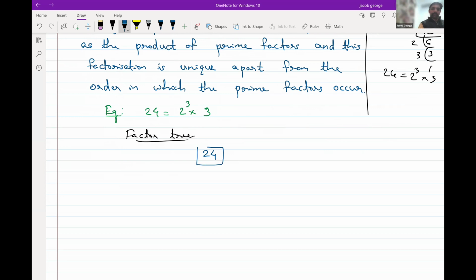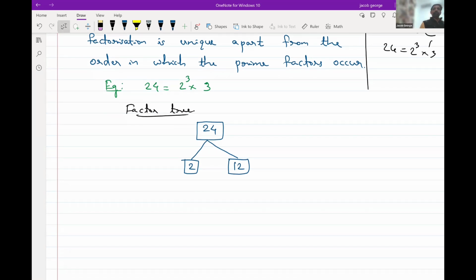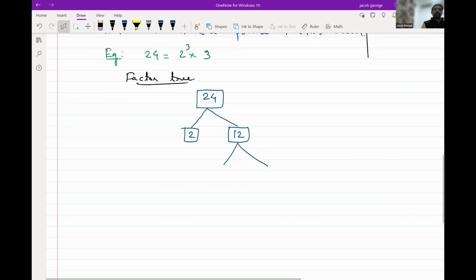Factor tree of the number 24. This is the method of writing a factor tree. 24 is 2 into 12: we write the prime number on one side and the remaining composite part on the other. From the composite number we draw more branches. 12 is 2 into 6.